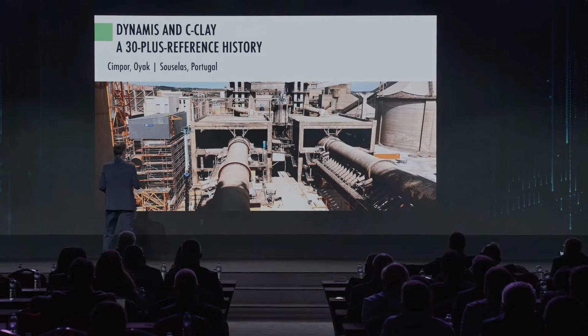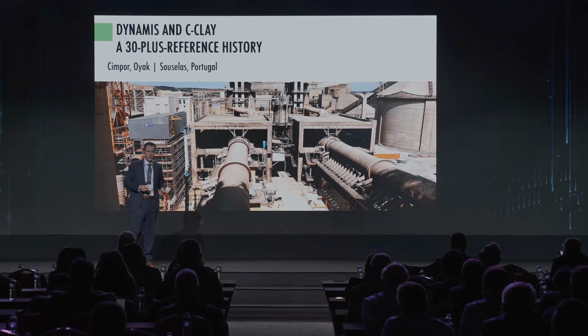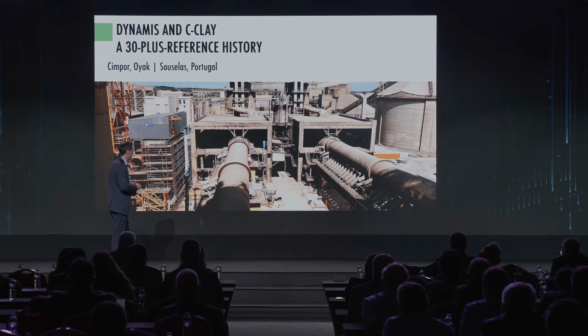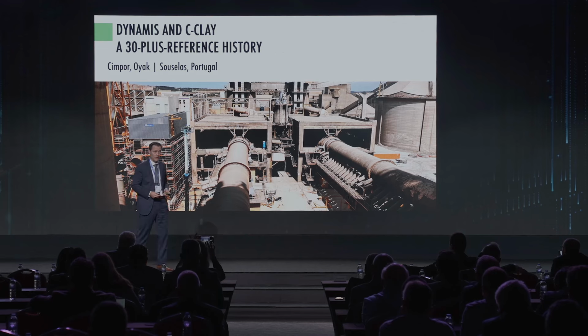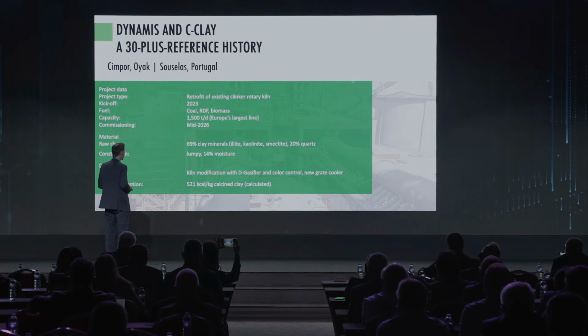Then another very important reference for us, still in a project, is Secil's Souselas plant, in Semapa Group. We are modifying kiln number 2, this one in the middle, converting it from clinker production to calcined clay production. And here, there are several challenging points.